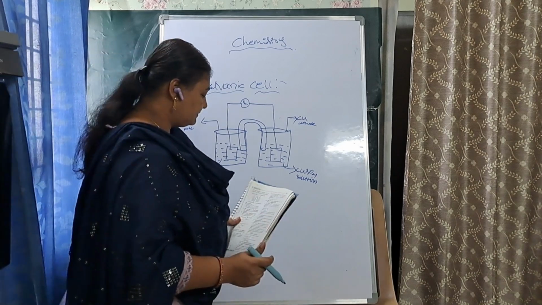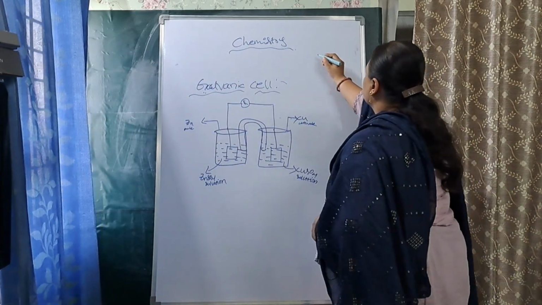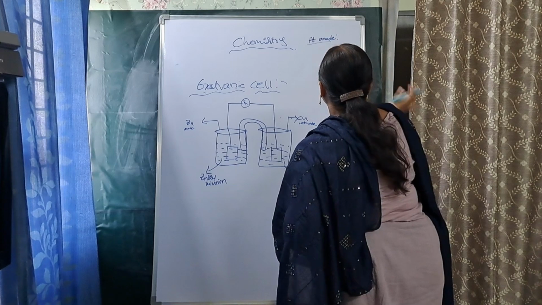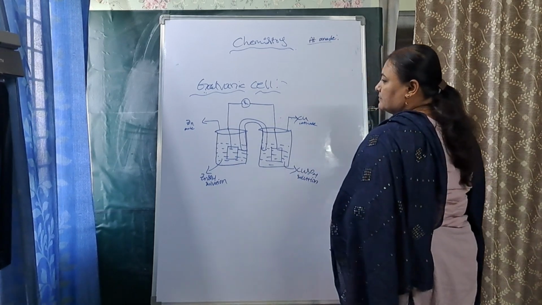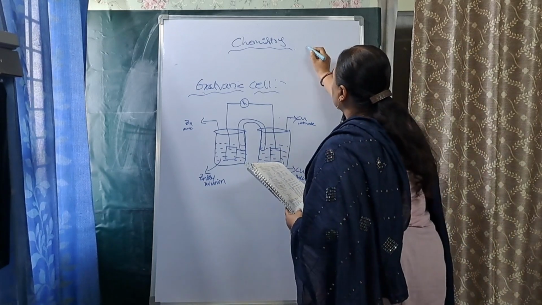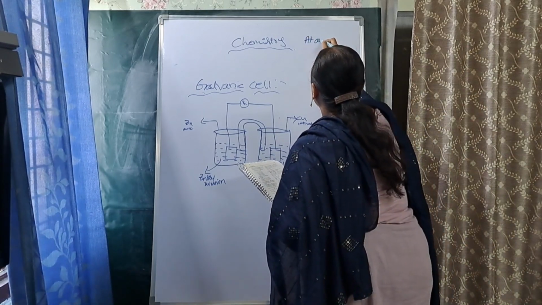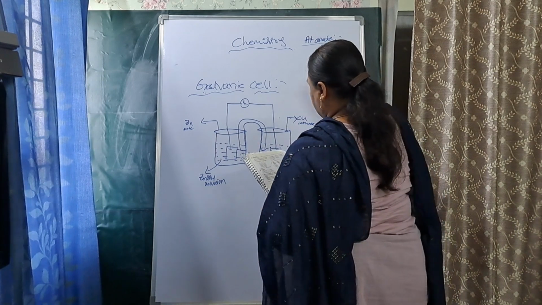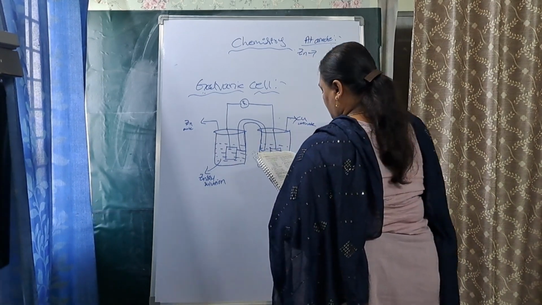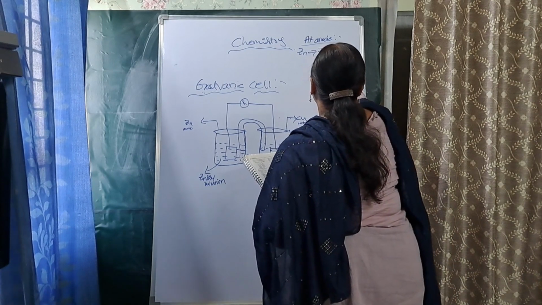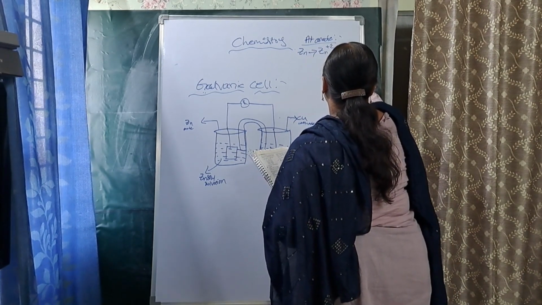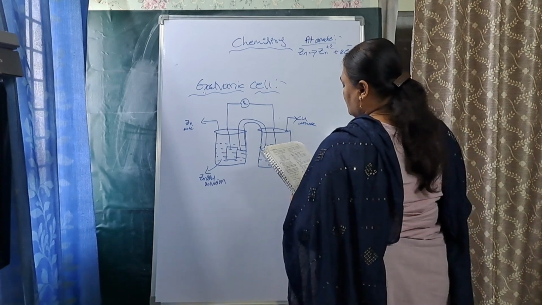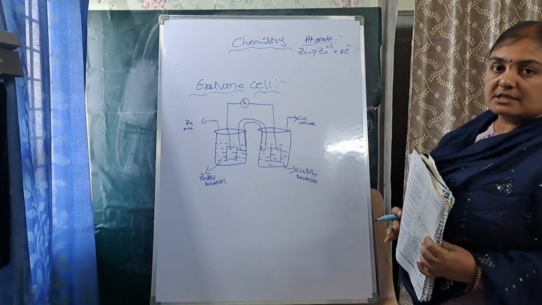At anode, what reactions are happening? This zinc loses 2 electrons and becomes Zn2+. Loss of electrons is nothing but an oxidation reaction.